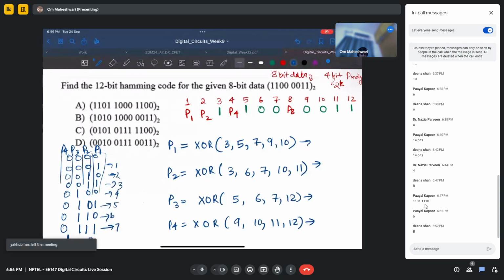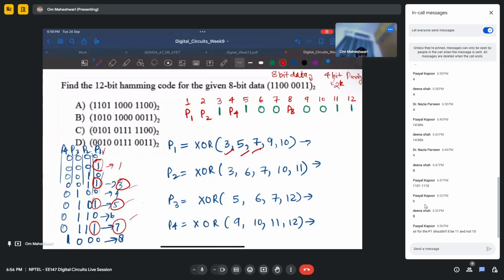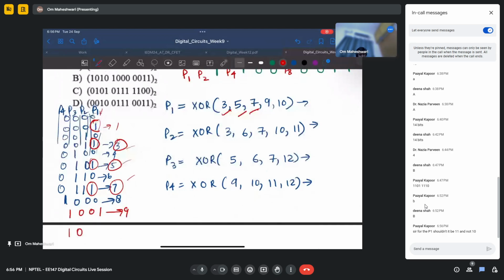Then it will be 8, right? Okay, so all the numbers which have 1 in their first bit are 1, 3, 5, and 7. So 1 itself is the parity bit. So 3, 5, 7 will come here, and after that it will be 9, and 10 is 1010.